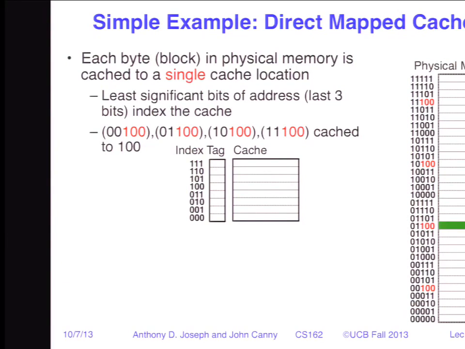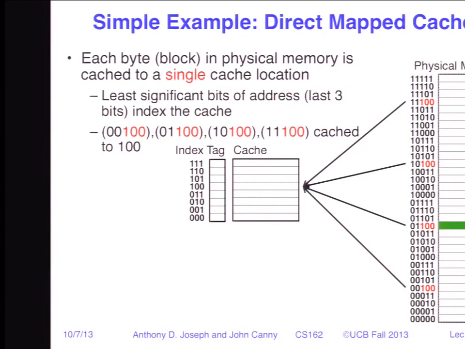Right, so here each byte in physical memory is cached to a single location. And we're going to use the least significant bits of the address. So the last 3 bits are going to tell us where to put it. What this means is these 4 addresses, 00100, 01100, 10100, 11100, are all going to get cached to the same location in the cache.